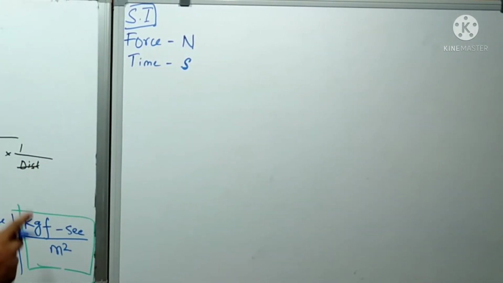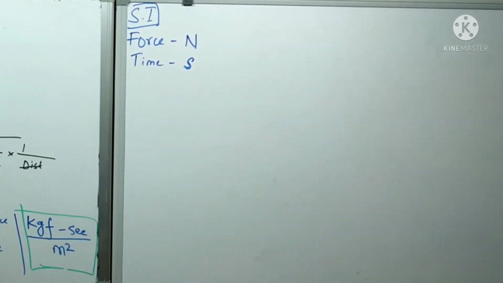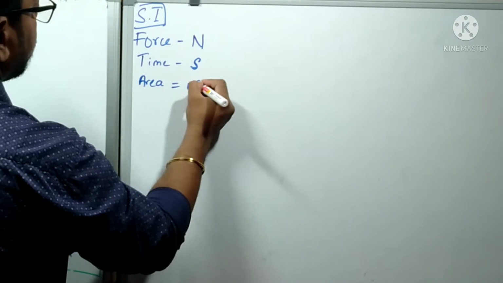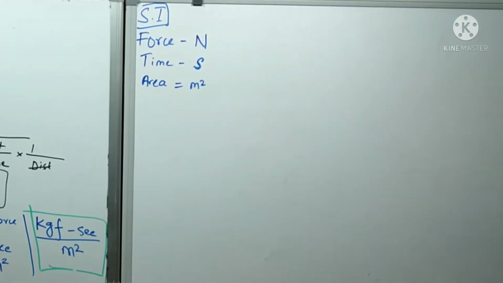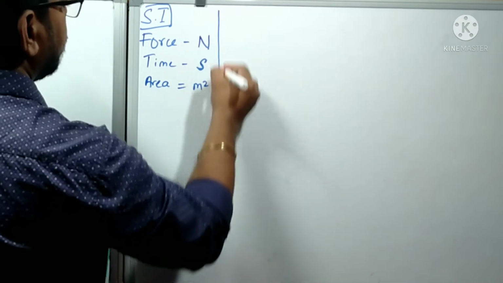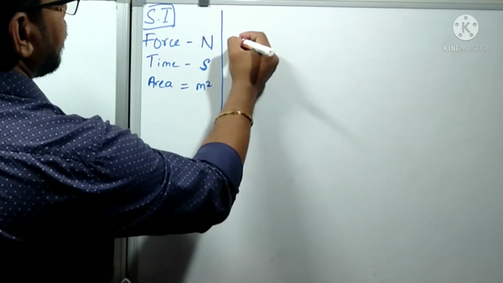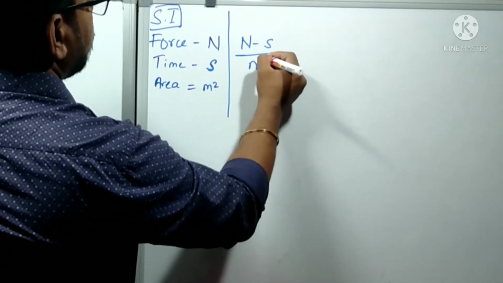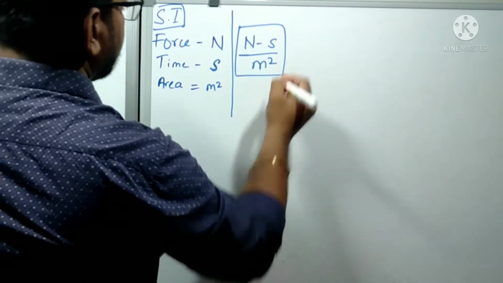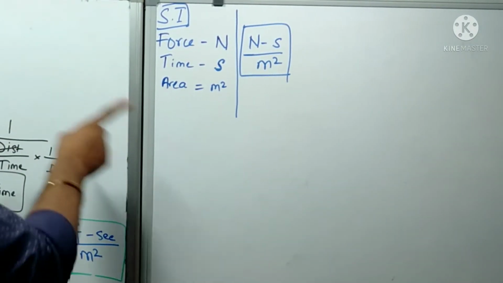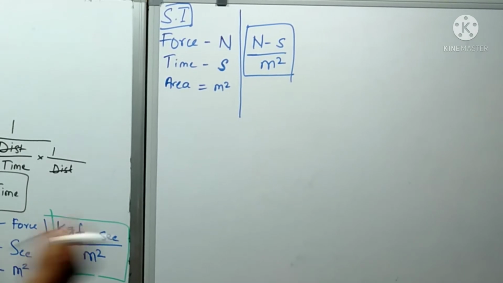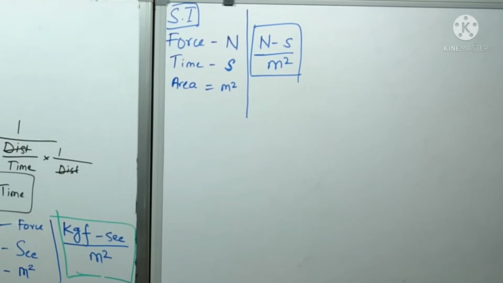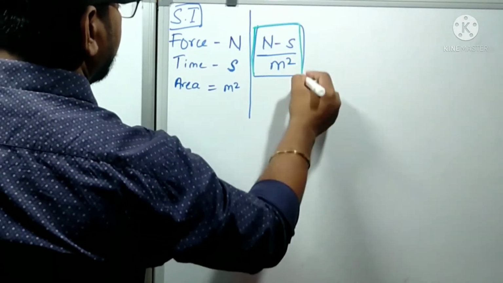Remember, in SI unit, second is represented by small s and area is represented by meter square. Then the SI unit of dynamic viscosity is Newton second per meter square. Clear? The MKS unit is kgf second per meter square, and the SI unit is Newton second per meter square.